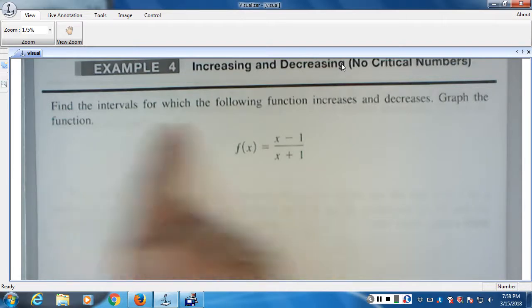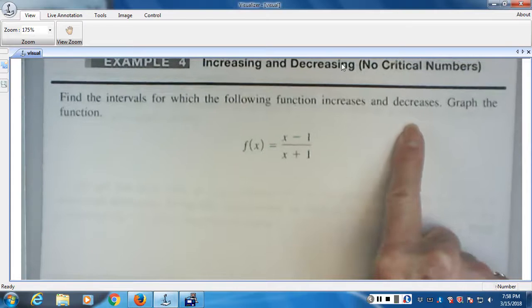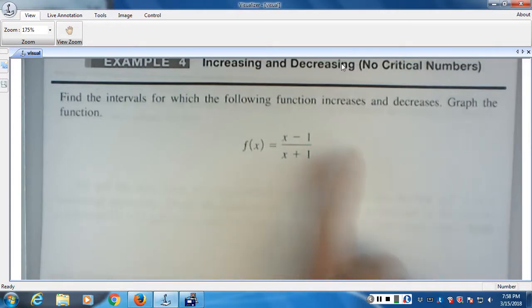Find the intervals for which this function increases and decreases. Now, this is a quotient rule problem, but fortunately, like the other one that we had, finding the derivative of this particular quotient rule isn't as hard as it looks like it might be.